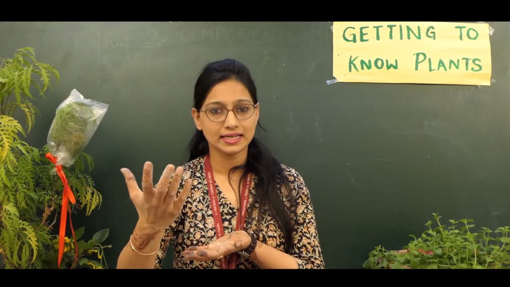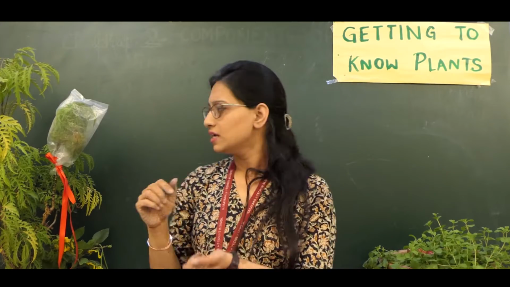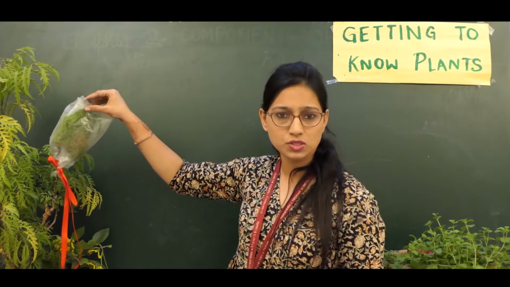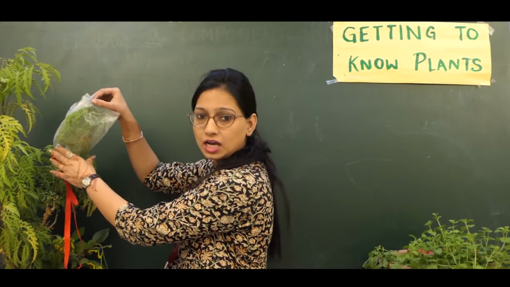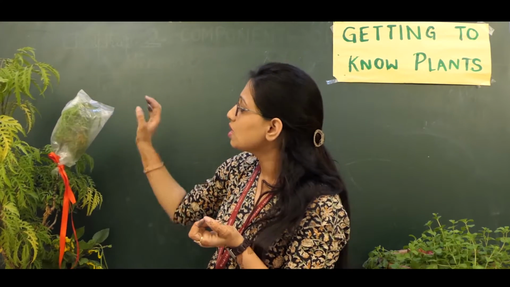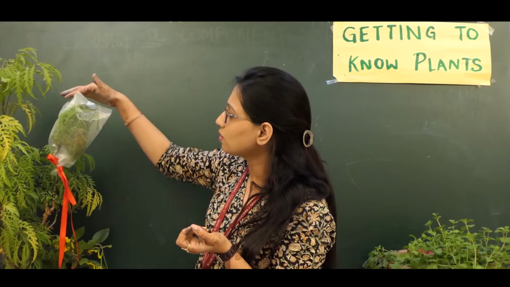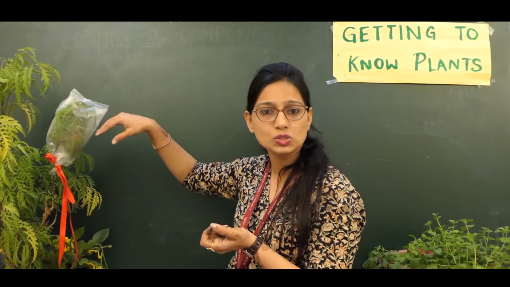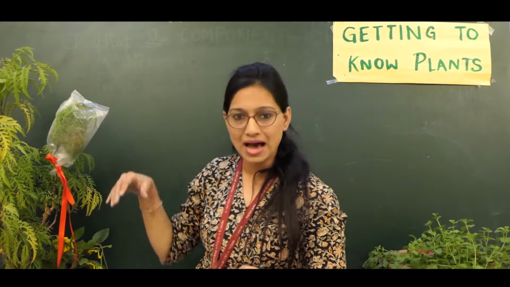Some water is evaporated into the atmosphere. Now there is no place for it to go into the atmosphere because you have tied a bag. So those water vapors will come and deposit on the surface of the polythene bag.